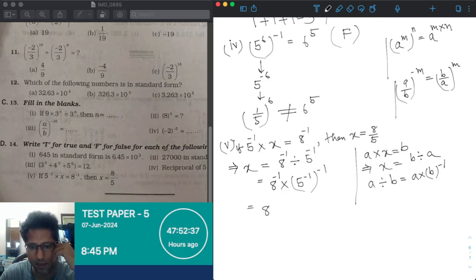So this is 8 raised to the power minus 1 multiplied by 5. Why? Because the powers minus 1 and minus 1 get multiplied, and minus 1 into minus 1 is 1. So this is 5 to the power 1, which is 5. Now 8 to the power minus 1 means the reciprocal of 8, so that is 5 by 8. And 5 by 8 is definitely not equal to 8 by 5. So this is a false statement.